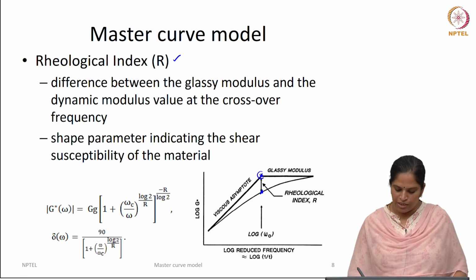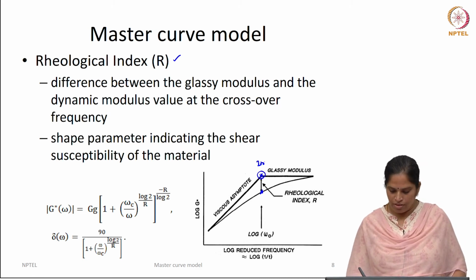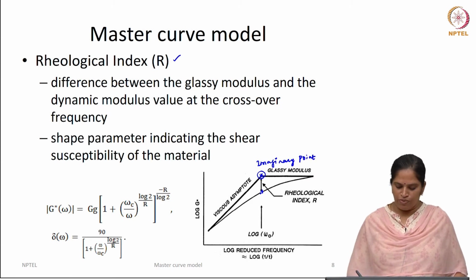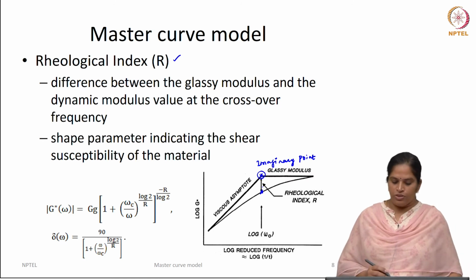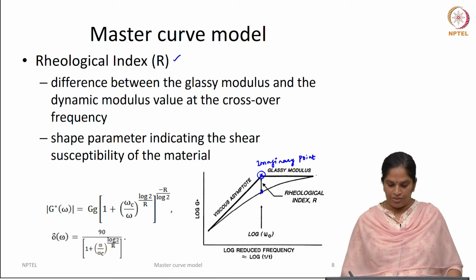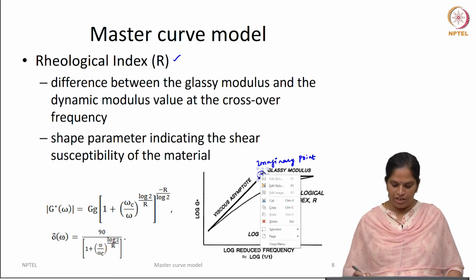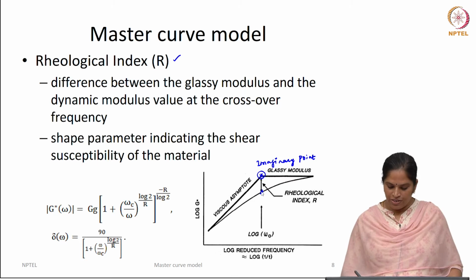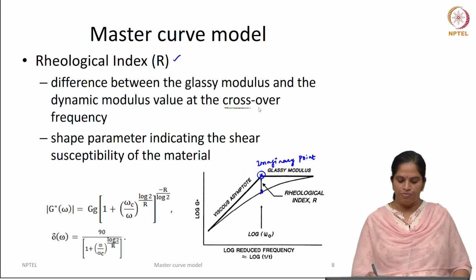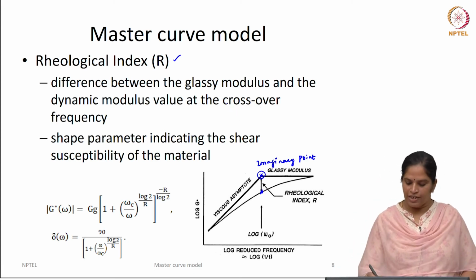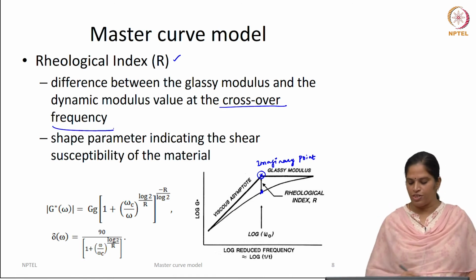This point is an imaginary point, which we get from the master curve. So, it is the difference between the glassy modulus, which is a straight line here, and the modulus from the master curve, exactly measured at the crossover frequency.